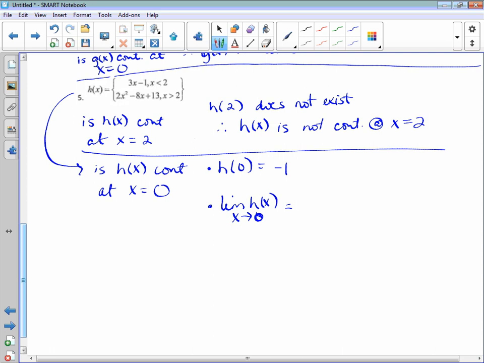No, because this has nothing to do with x approaching 0. That's a line, so what is the limit as x approaches 0? -1. Are those two things the same? Yes, so h of 0 equals the limit of h of x as x approaches 0, therefore h of x is continuous at x equals 0.